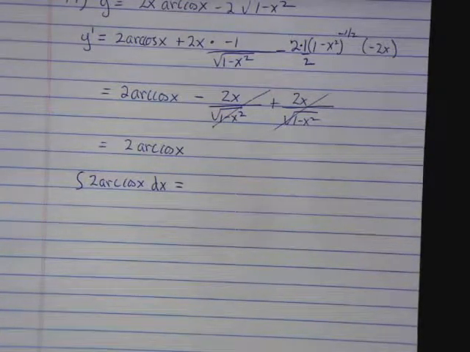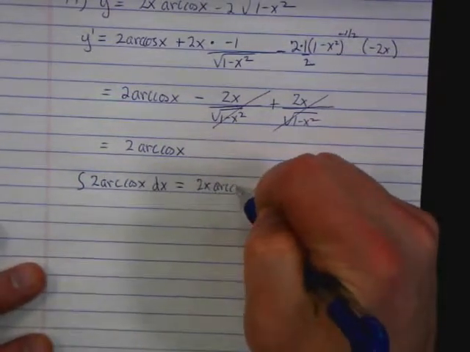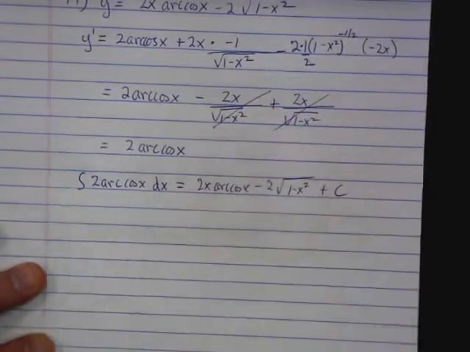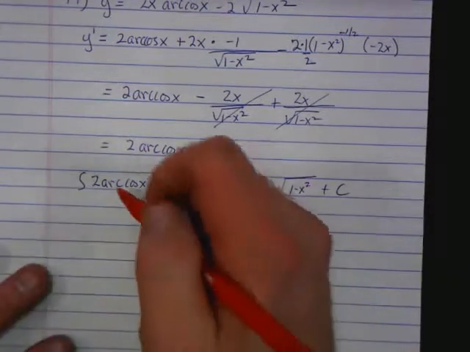What's the integral of 2 arc cosine of x? 2x arc cosine x minus 2 square root of 1 minus x squared, plus c. All right, or if I really wanted to, I could divide everything by 2.